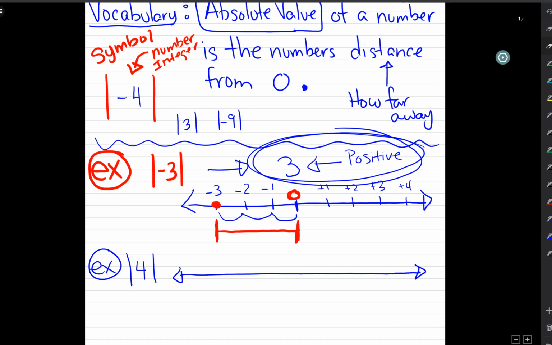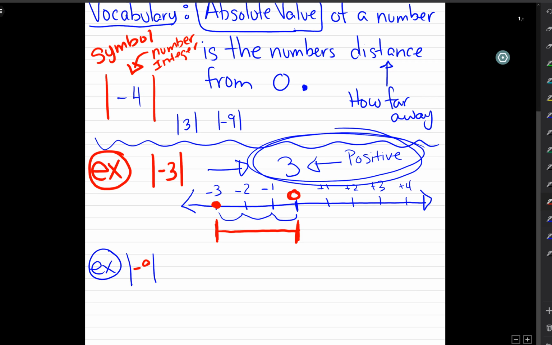And you're just going to write this down a little bit below where you're at. And so if it's the absolute value of -9, I would have my number line. Here's my number line. I'd have my -9, -8, -7, -6, and so forth, -5, -4, -3, -2, -1, and 0.